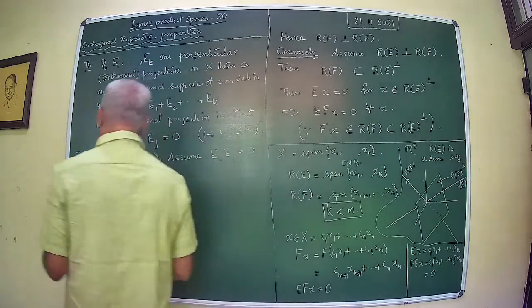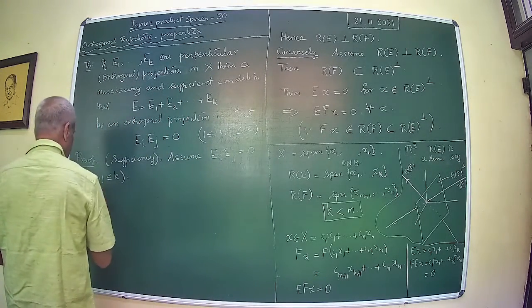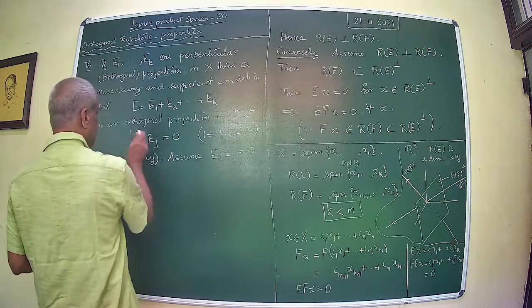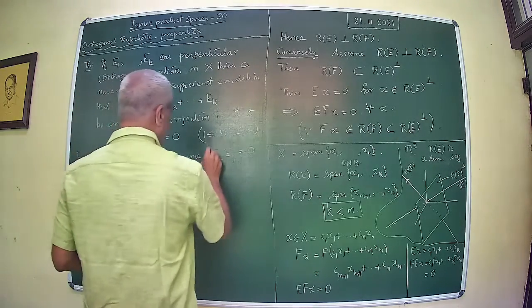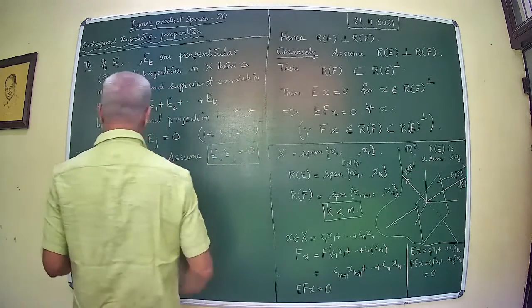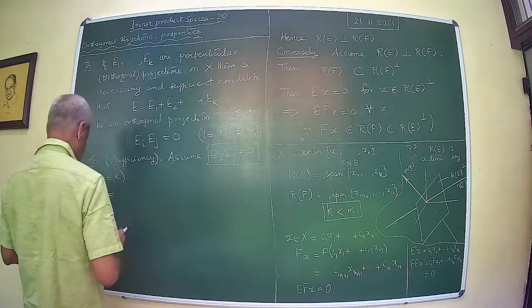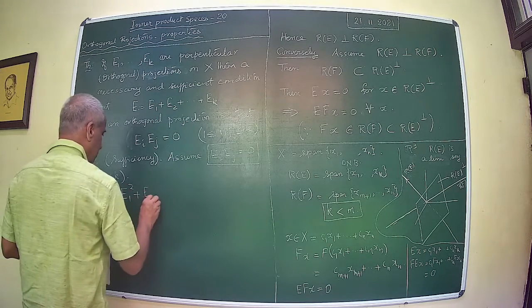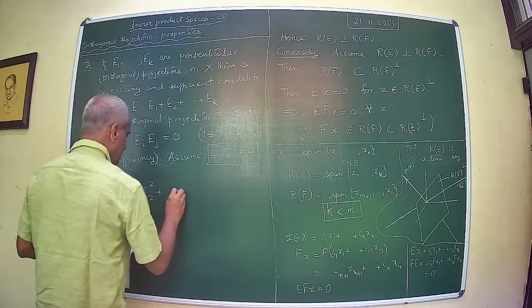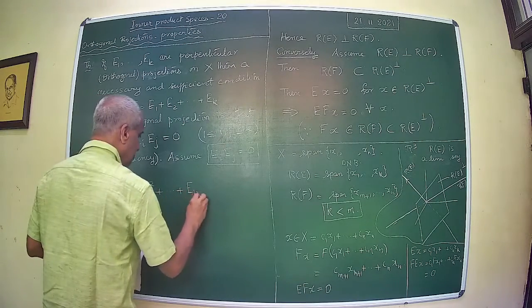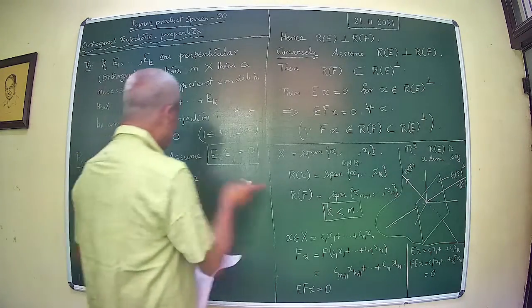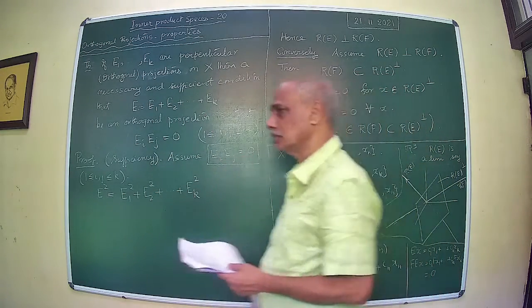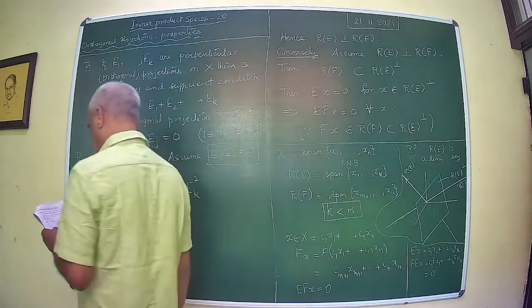So let us compute E square. This is our basic assumption. All the Ei, Ej terms will go to 0 because of the assumption that Ei, Ej equal to 0.